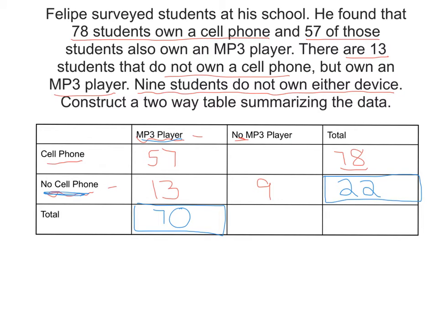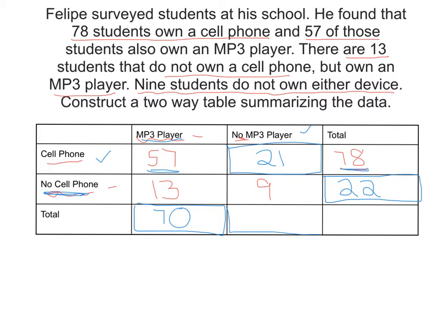Let's see, how would we find this box right here? So this would be students that don't have an MP3 player but have a cell phone. We would take the total 78 and subtract the 57 to get what's left over, which is 21.